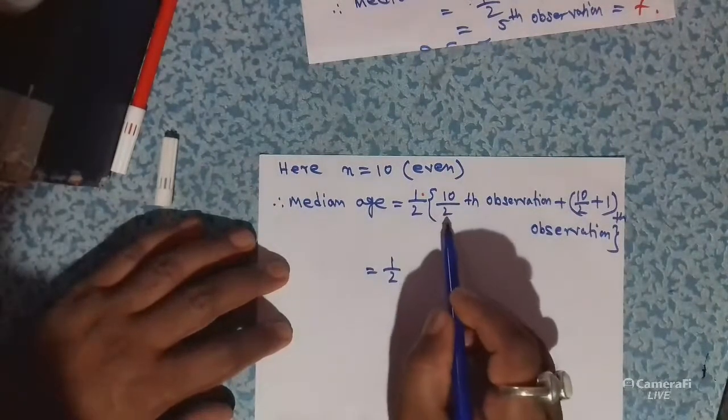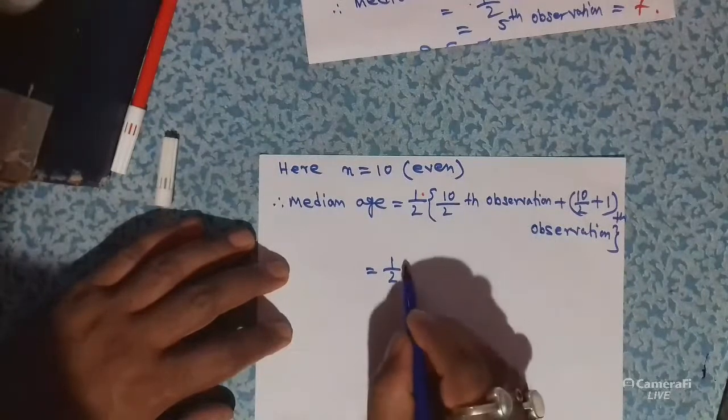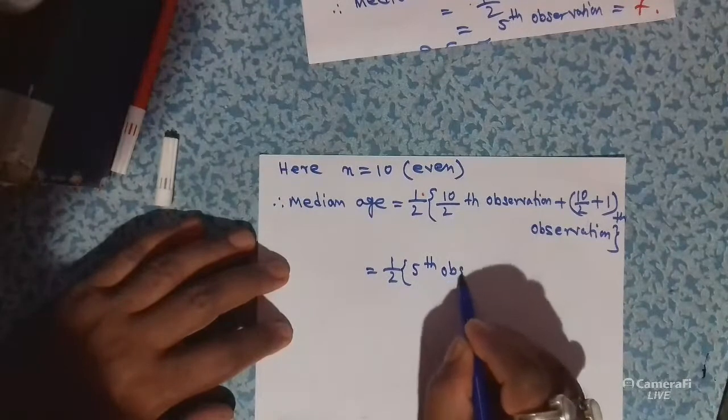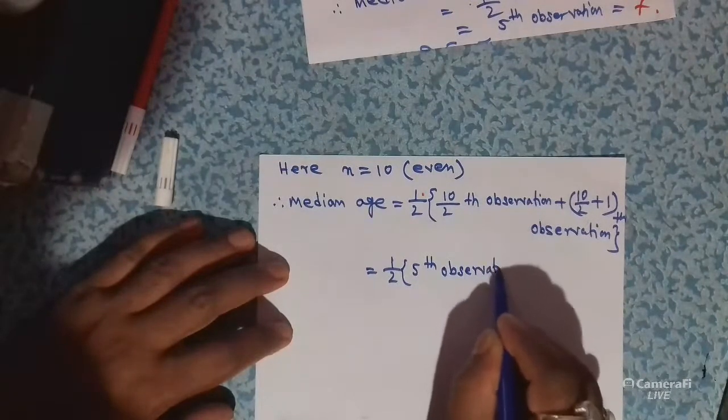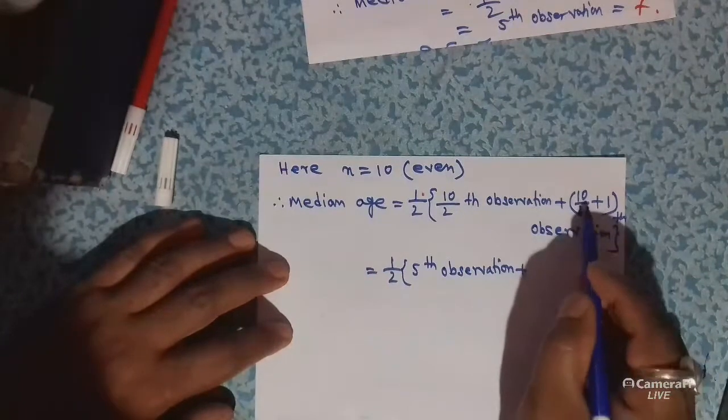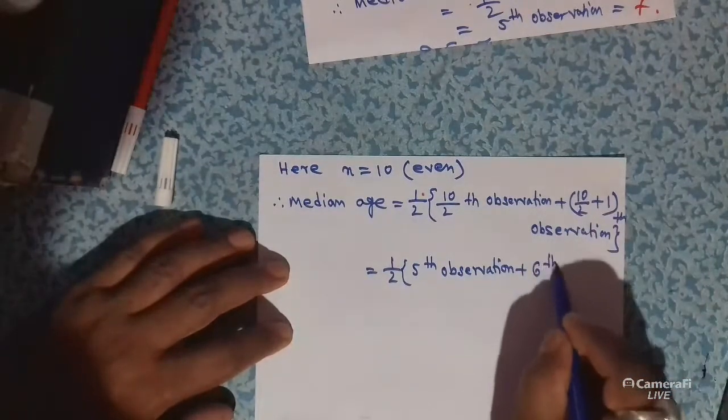So 10 by 2 is 5, the 5th observation, plus 10 by 2 plus 1, which is 6, the 6th observation.